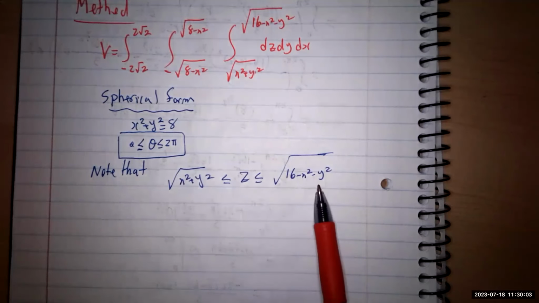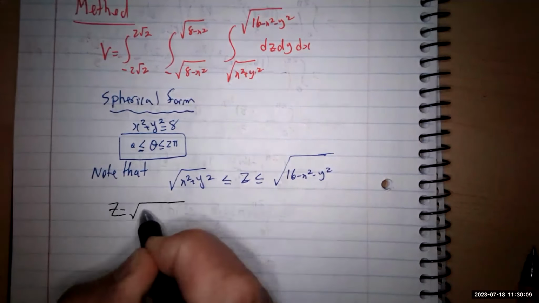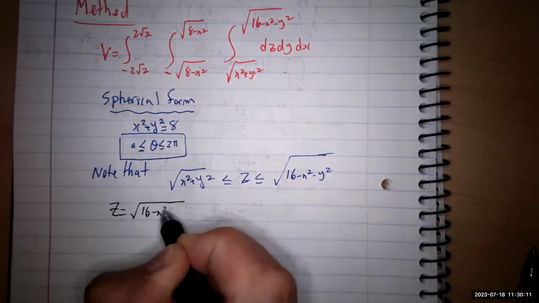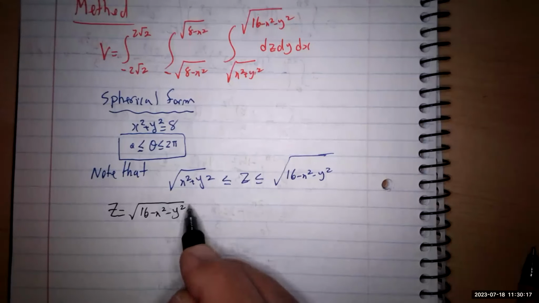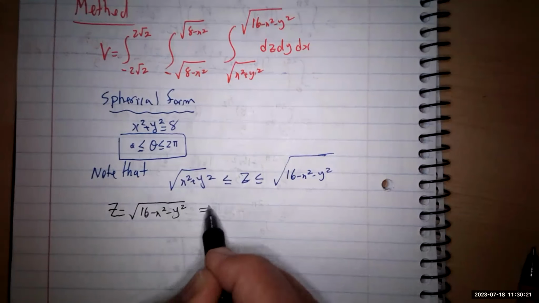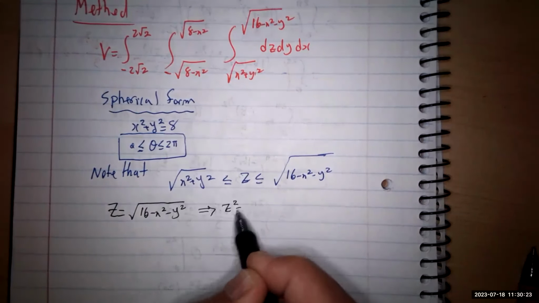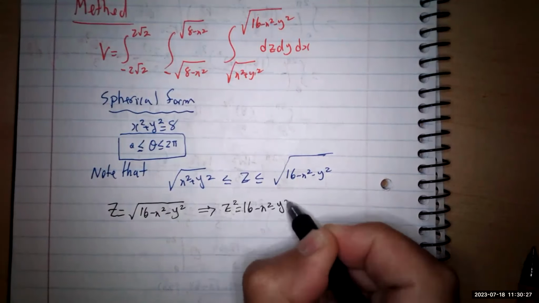Okay, so I'm going to try this one first. Say, okay, let's see what would happen if z is equal to the square root of 16 minus x squared minus y squared. You know that this is going to be a hemisphere. So this will tell you that z squared is equal to 16 minus x squared minus y squared.